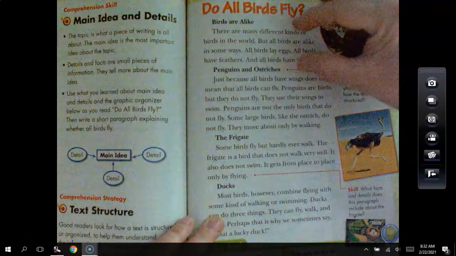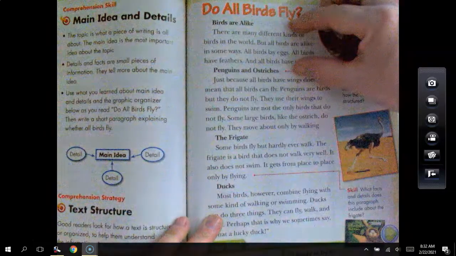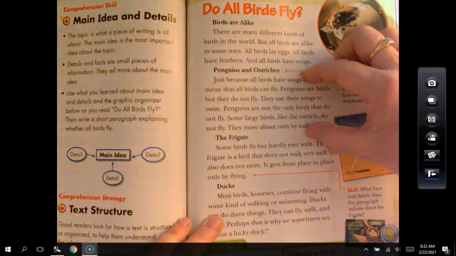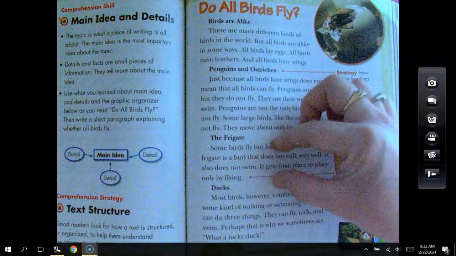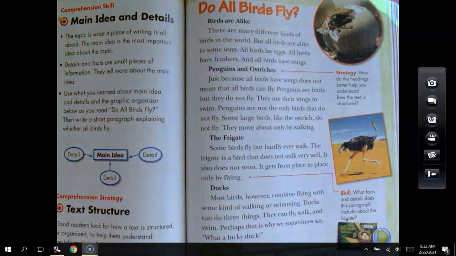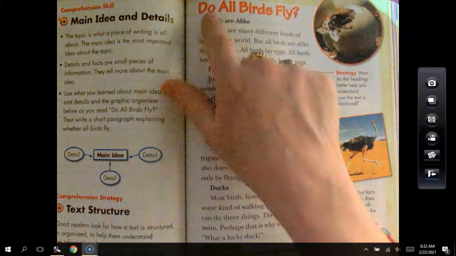We did that. We found a main idea and details for Birds Are Alike, we found a main idea and details for penguins and ostriches, and we could do the same for the frigate and the ducks. However, the main question that we're going to do today is, do all birds fly?